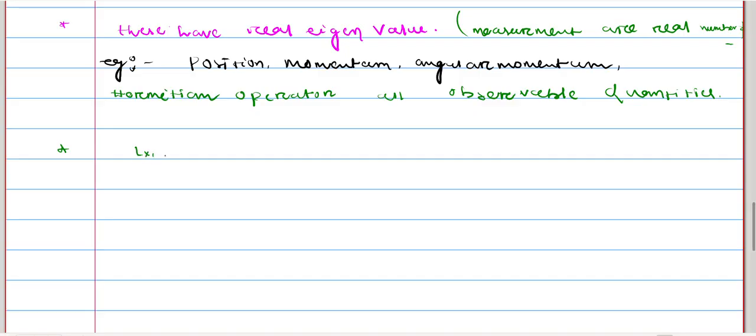You know Lx, Ly and Lz, and all are vectors. L equals Lx i cap plus Ly j cap plus Lz k cap, and L square equals Lx square plus Ly square plus Lz square. We know the vector. This is the magnitude now.